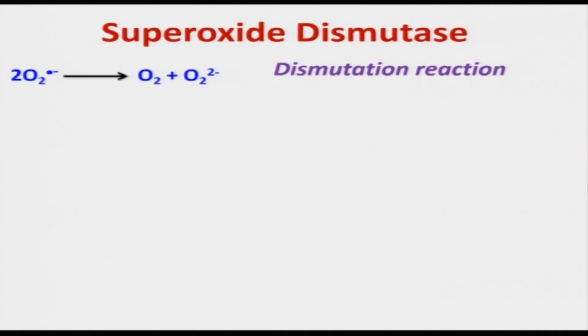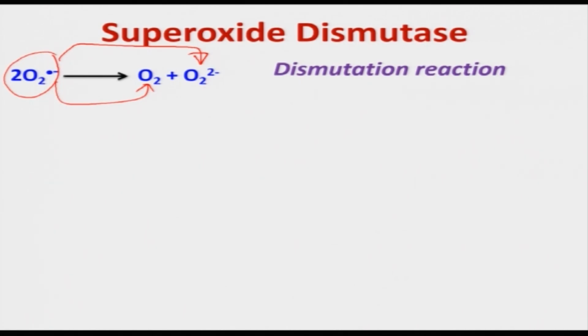Now, superoxide dismutase actually converts superoxide into oxygen and peroxide. As you can see, this is a disproportionation reaction or dismutation reaction and thus spontaneous. So, one superoxide gets oxidized to dioxygen, and another molecule of superoxide gets reduced.